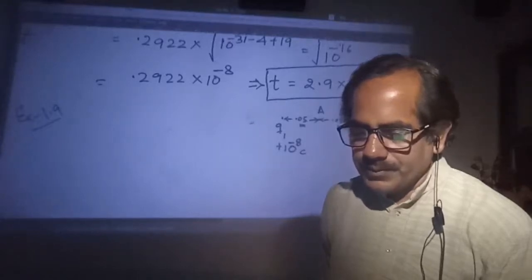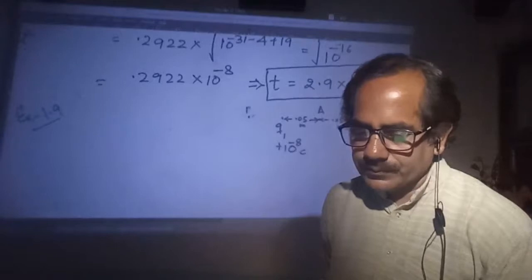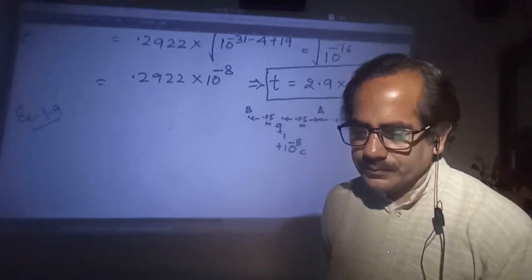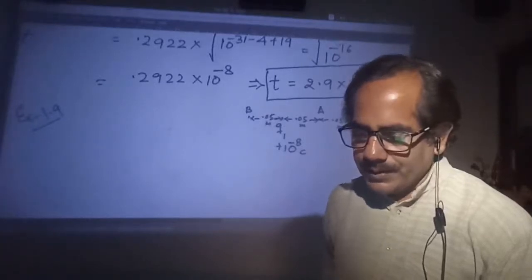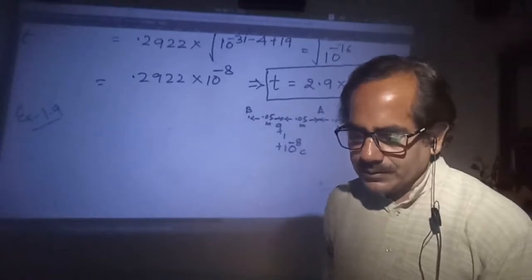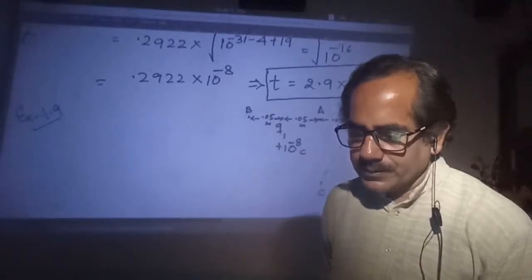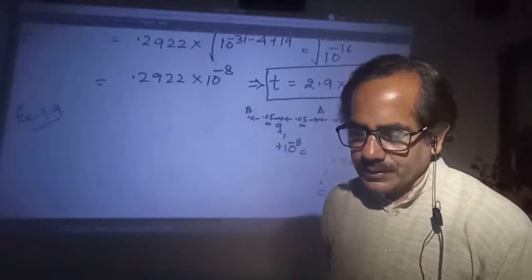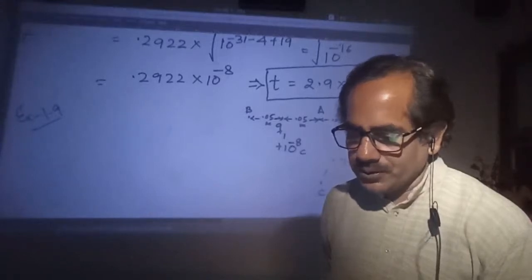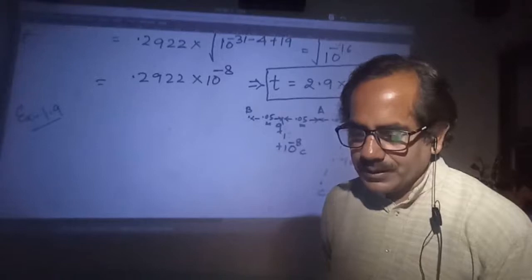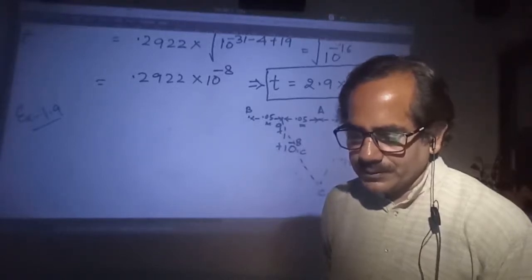Now point B is here. This is 0.05 meter. And point C is here. From Q1 it is 0.1 meter, and from Q2 it is 0.1 meter, and from Q1 also it is 0.1 meter.